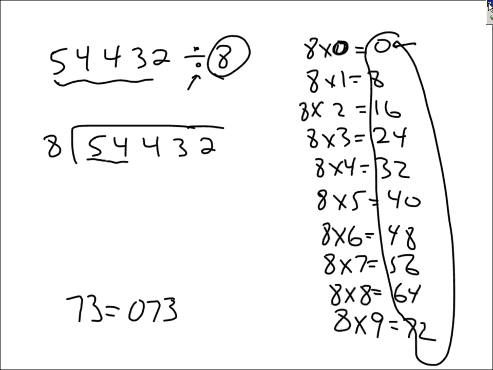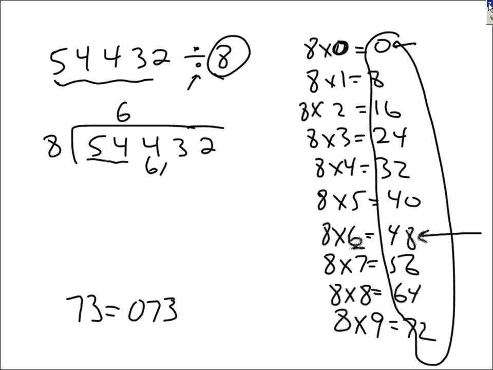54. The largest number on this list, the one that's circled to the right, that does not go above 54, is 48. 8 times 6 is 48. 48 from 54 is 6. Now we have 64.